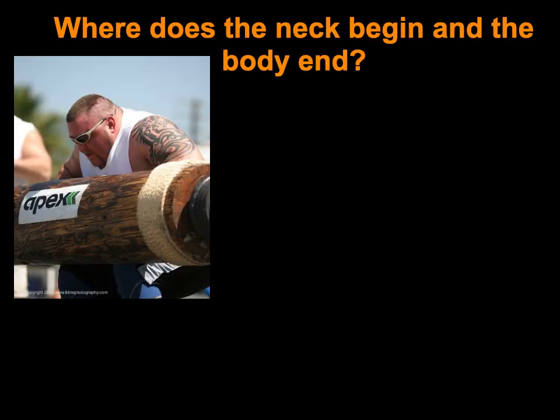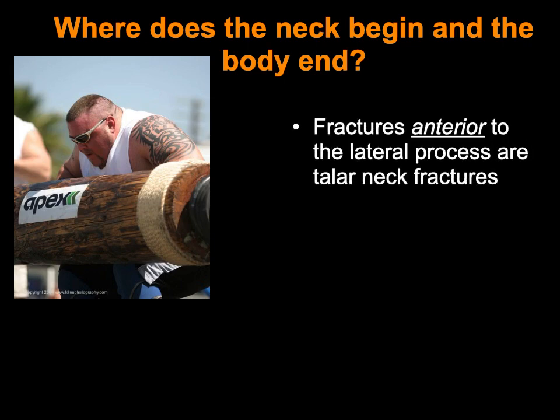One of the common questions that I get from trainees is, where does the neck begin and the body end? And this differentiation is important in determining whether patients have either a talar neck fracture or a talar body fracture. Fractures anterior to the lateral process are talar neck fractures.